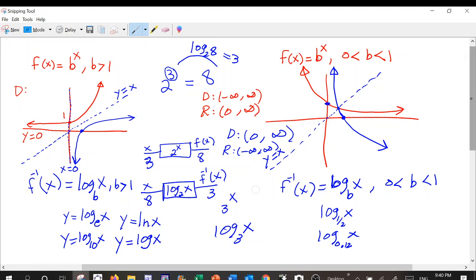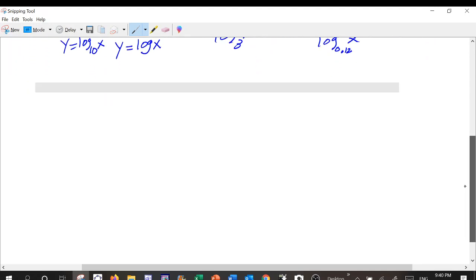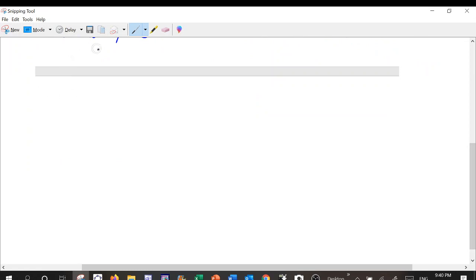Now, there is a connection between the two because of this idea of inverses. So if we have, let's say I start with the input of 2 to the x, and I put a 3 here. Well, the f of x that comes out is going to be, of course, 8.